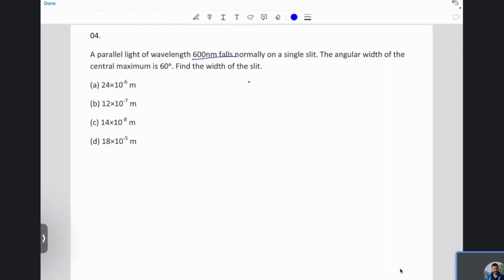Again, easy problem, right? So angular width means this. This is the screen. This is 30 degree and this is 30 degree, and you have the intensity, center intensity, like this.